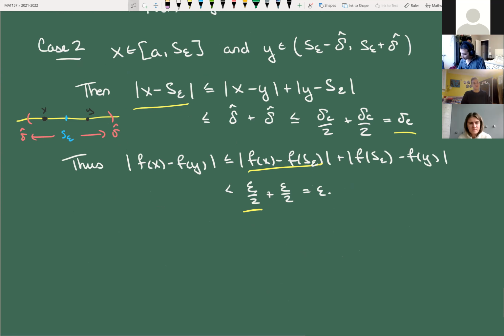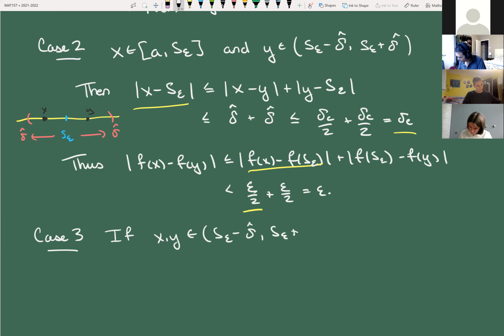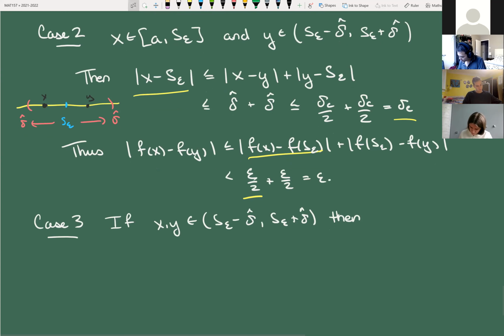Okay. And now finally, case 3. So if both of them are within the delta hat band, then great. So if x and y are both in s epsilon minus delta hat, s epsilon plus delta hat, then we're done. I don't even think I need to do anything.